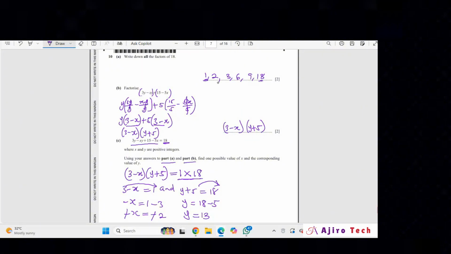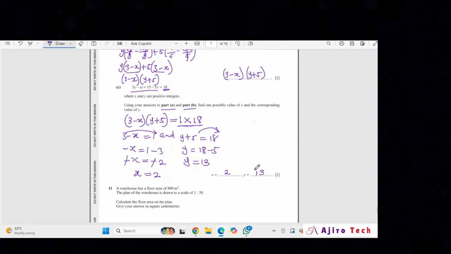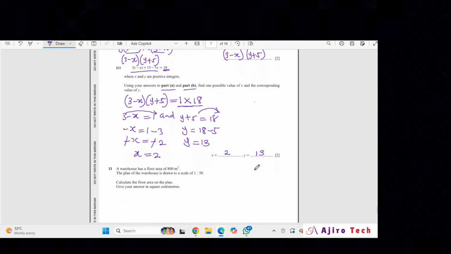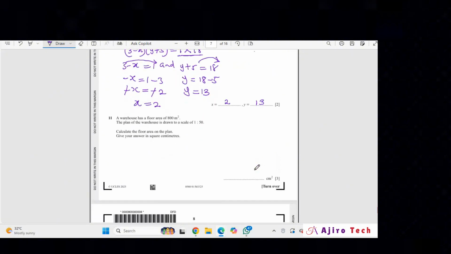You are going to try using 2 and 9 to see if you have the same answer. Whatever you have is going to be correct there. But the question says s and y are positive integers, so find one positive value of s and the corresponding value of y. So that is why we have this. Any question there? You can try using the other ones yourself.